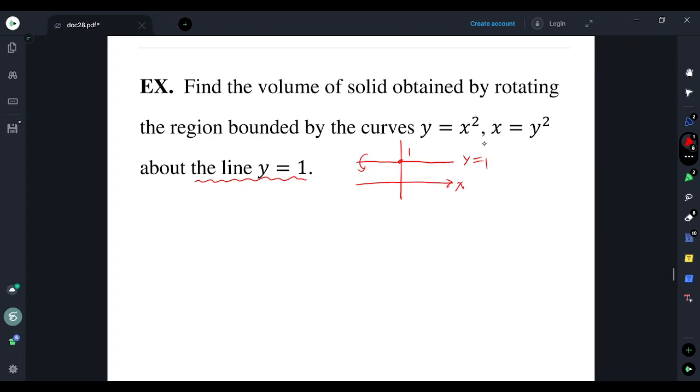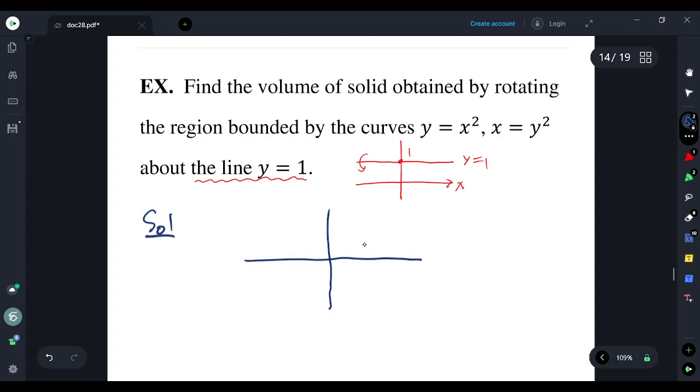And what about the region? By the description, we're going to sketch y equal to x squared. This is the well-known parabola opening up. x equal to y squared is a parabola going to the right. So from the figure, the region is just here.